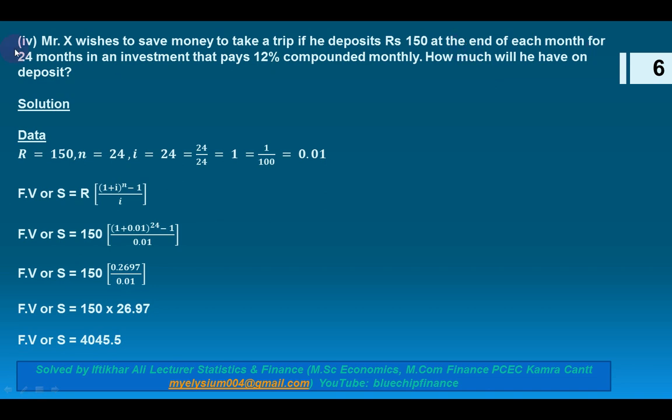So 24 months, an investment that pays 12% compounded monthly. So what is the data? First of all, the formula: future value equals R multiplied by (1 plus i) raised to power n minus 1, divided by i.